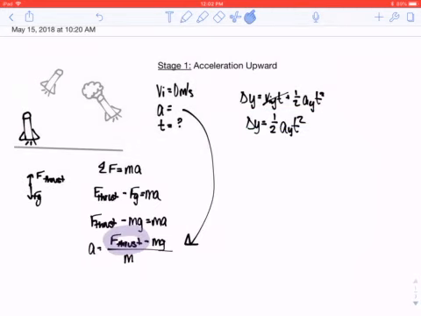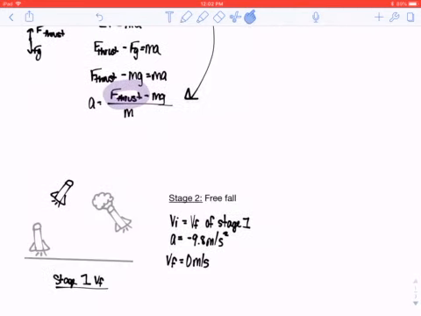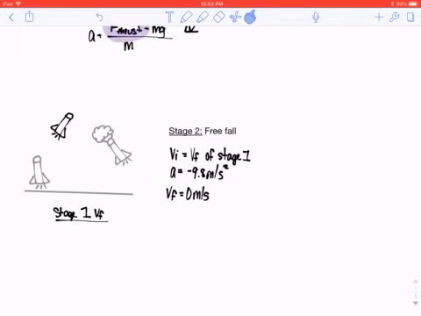Now, our second stage of the rocket, okay, is when the engine stops firing and it's just in free fall. So remember, it is still moving upwards, but it's in free fall, meaning that its acceleration is negative 9.8 meters per second squared, and the only force acting upon it is gravity. Now, the things that we know: the initial velocity for stage 2 is the final velocity of stage 1.